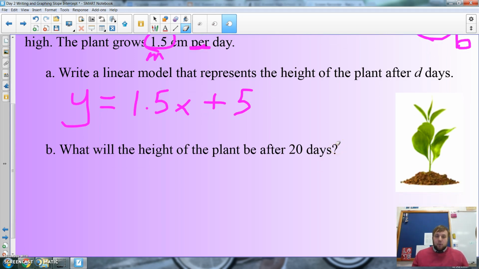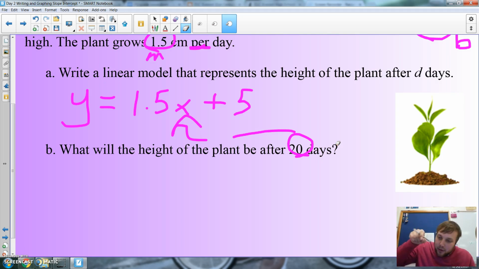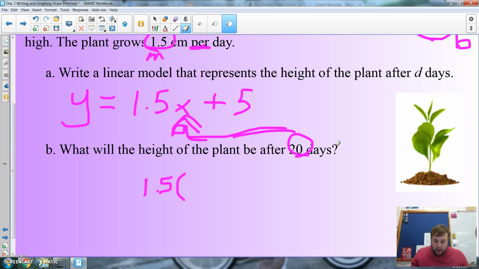All right, pretty easy. What will the height of the plant be after 20 days? So I'm going to take this 20 and plug that right in there. It's kind of like that little Operation game, when you take the tweezers and you have to be real careful. Don't touch that 1.5. Just the x. Take the 20 and put it into the x. So it's going to be 1.5 times 20, very carefully, plus 5.